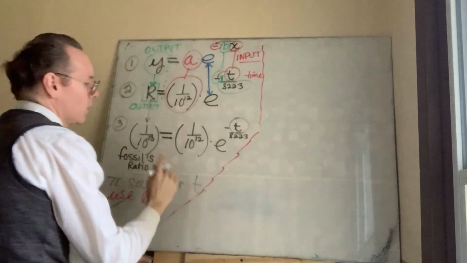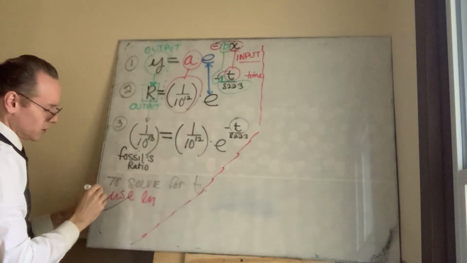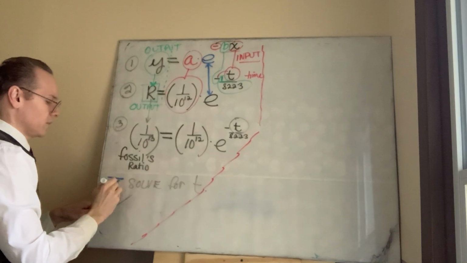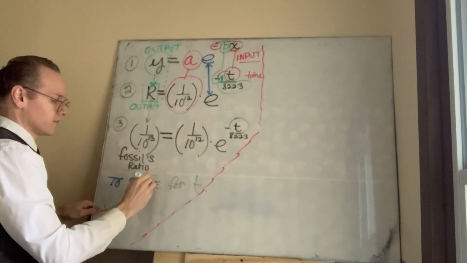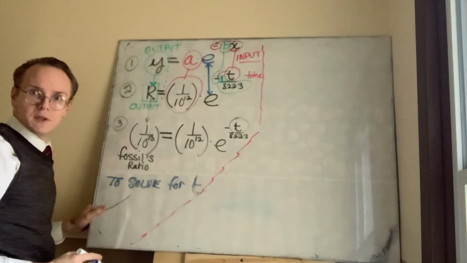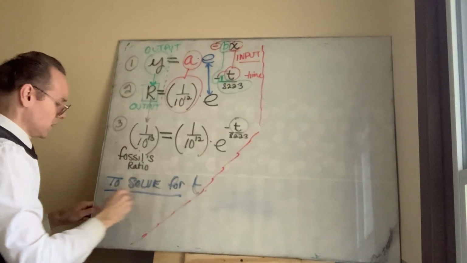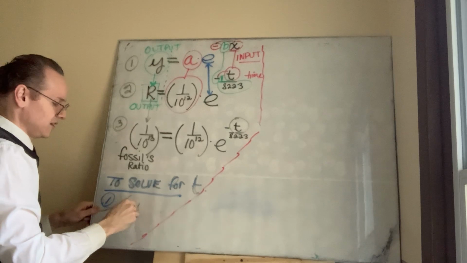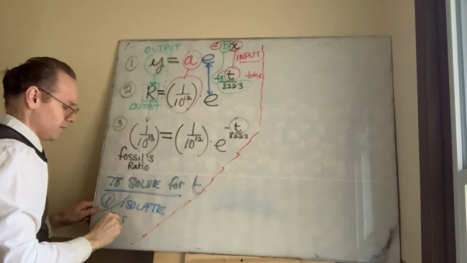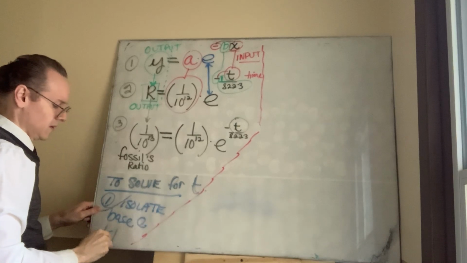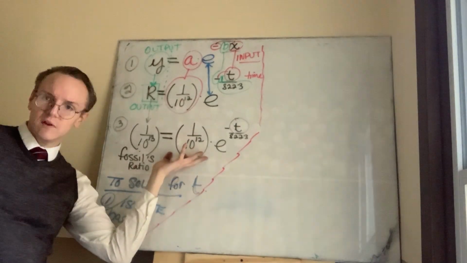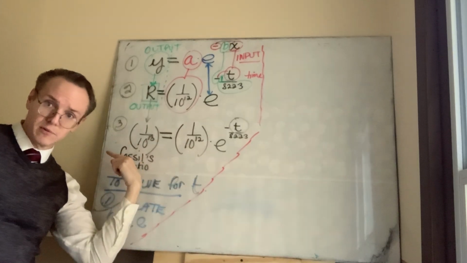What I should do is, I am going to use the natural log, but to do this appropriately, to solve for t, isolate e first. Which means I have to move this fraction from where it is to the opposite side.